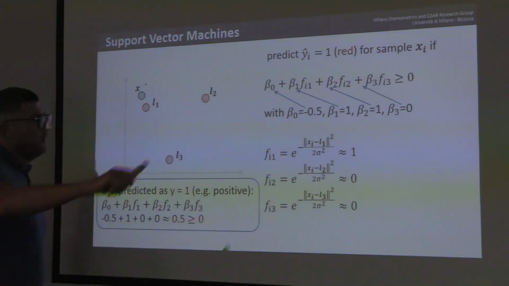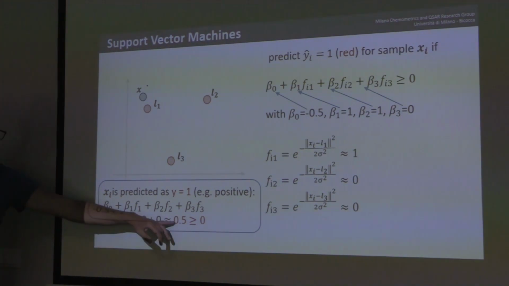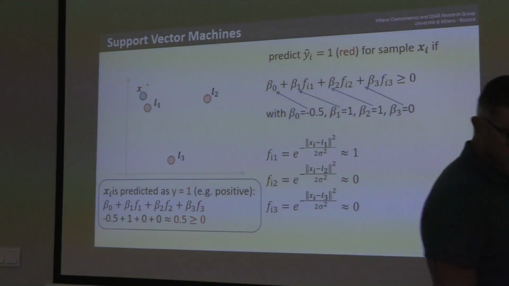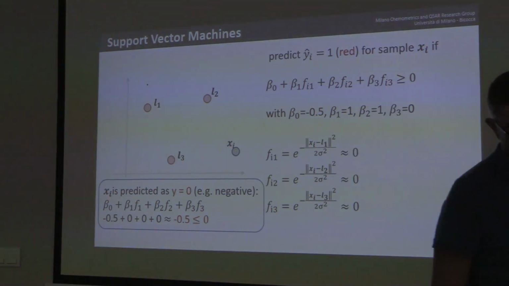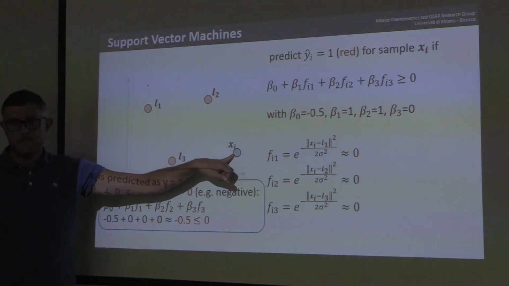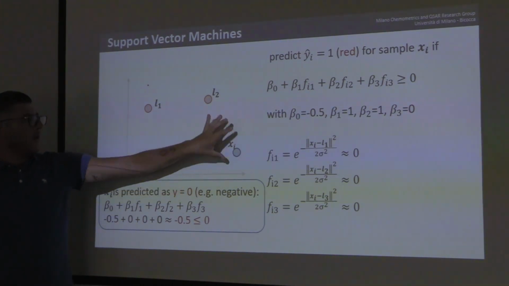So the linear combination is 0.5, which is higher than 0. So I will predict this sample to be in the red class. Now I get a new sample, which is here. Same approach.